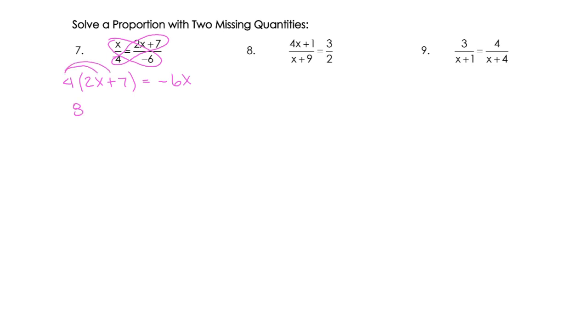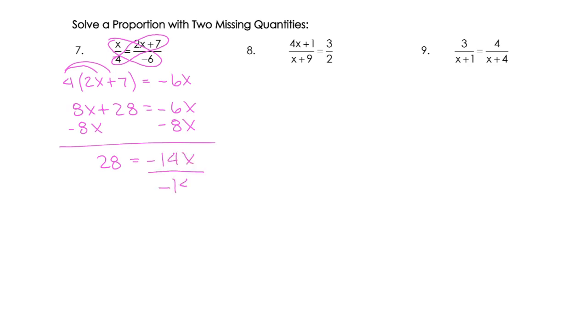Distribute the 4, I get 8x plus 28 equals -6x. Now, typically I would subtract 28 from both sides. However, there's only one constant left and it's only 28, so it doesn't really make sense to move the constant. So I'm actually going to subtract 8x from both sides. So then I have 28 equals -14x. Divide both sides by -14, and x equals -2.